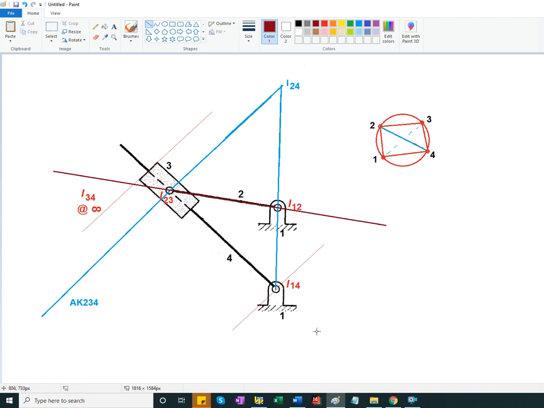So I think I did something wrong. So 1 2 and 1 4. I drew 1 2 3. I lost myself. It's almost 7 o'clock. Let me take a break and we'll fix this.